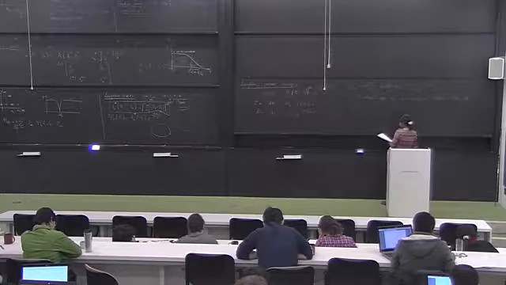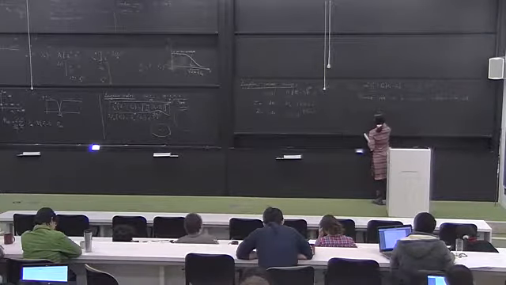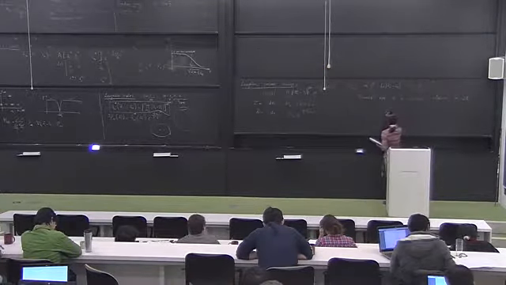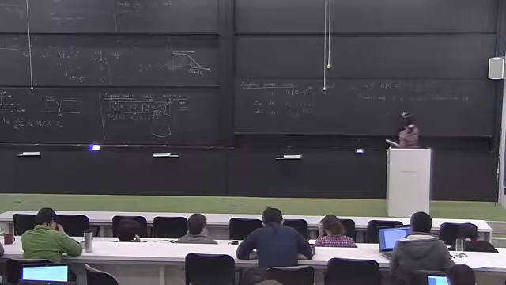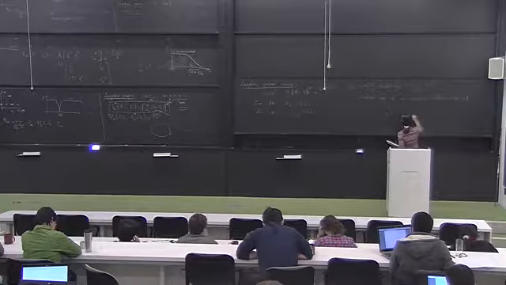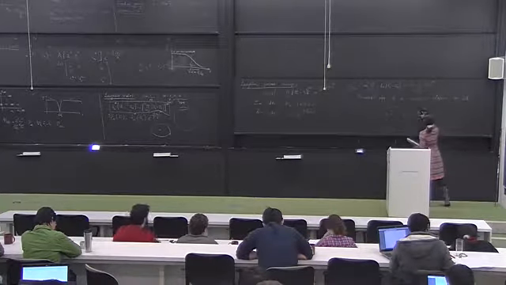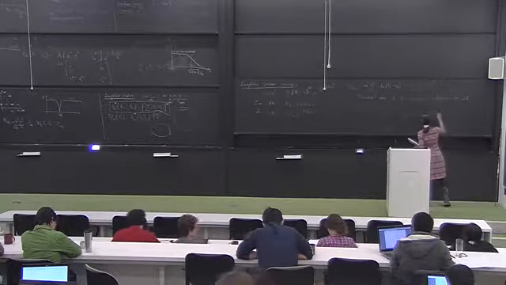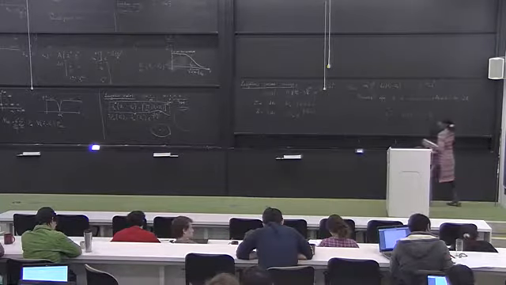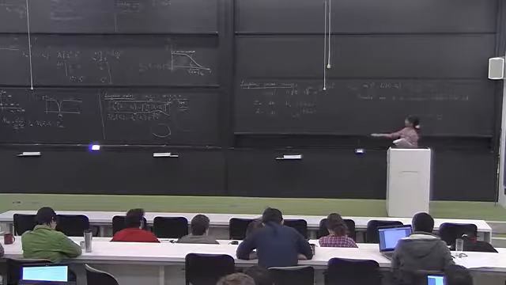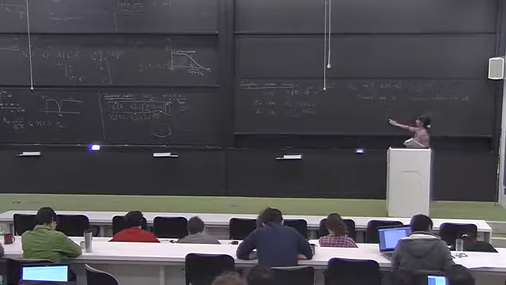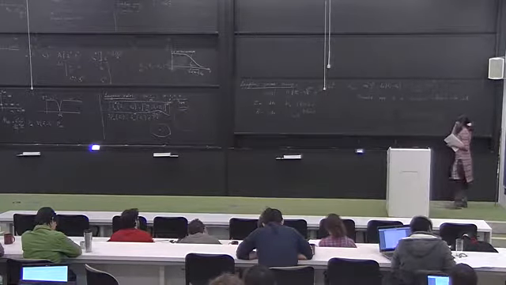And so if the electric field of a free charge is Q over r hat, then the associated potential energy actually scales logarithmically with the distance, right?